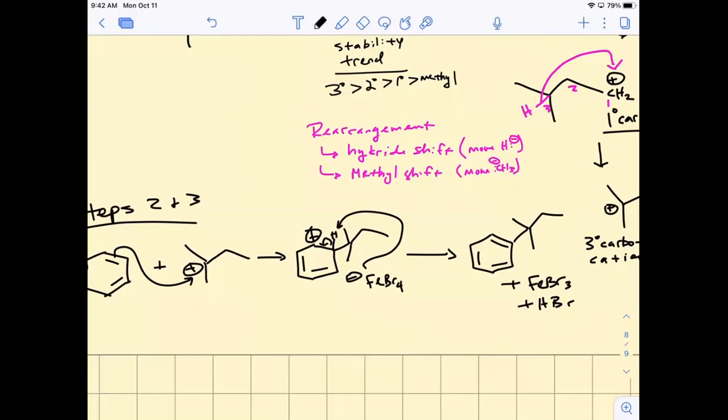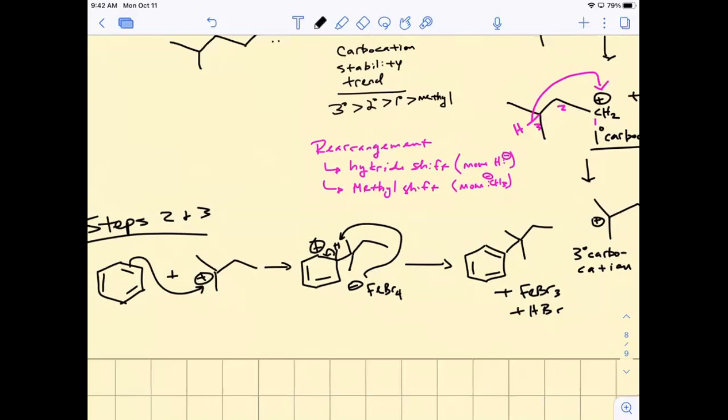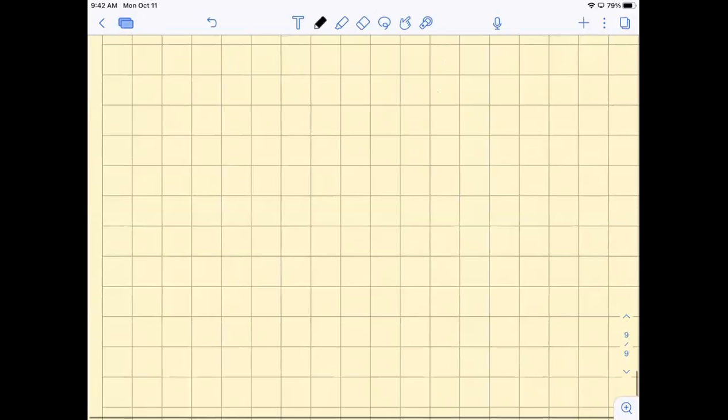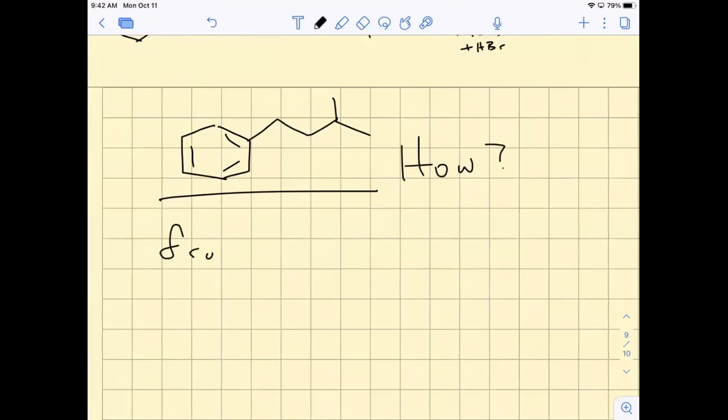Let me ask this question. If I had a primary alkyl halide, what if I wanted to make this product? How can I make it?